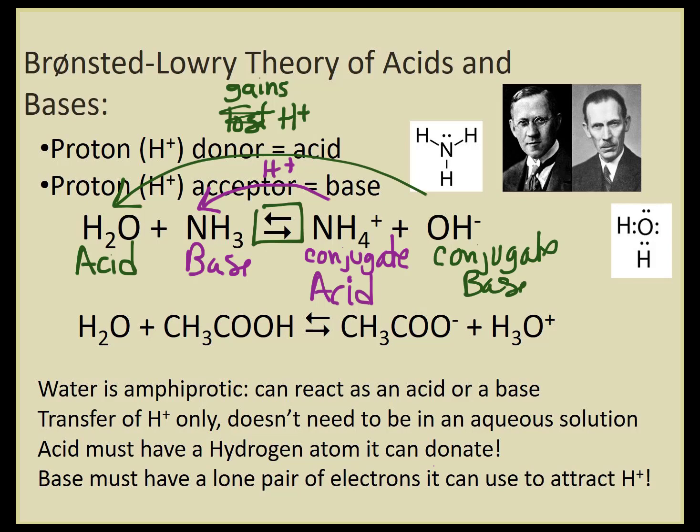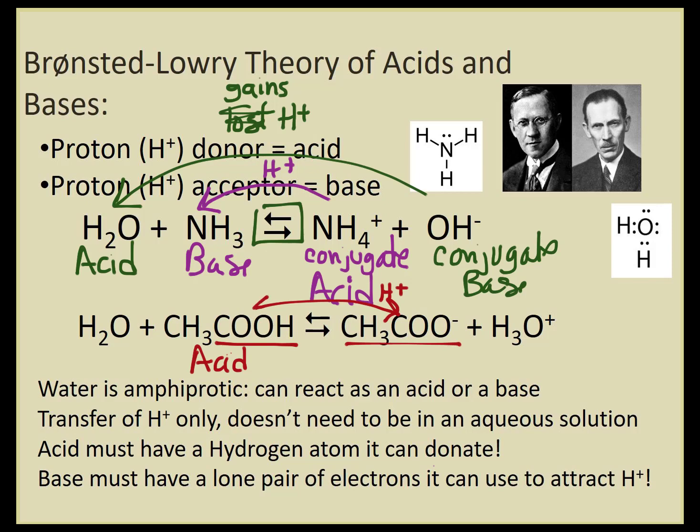So let's look at this example down here below, our second one, and I see this COOH. I know that this is an acid, and I can see it's an acid in this case because it's going to lose that H plus. When an H plus goes away, I get this right here.